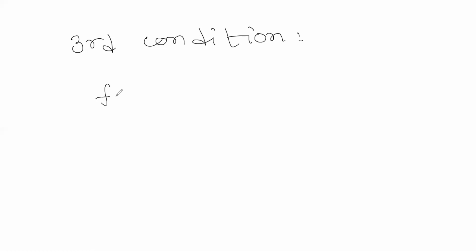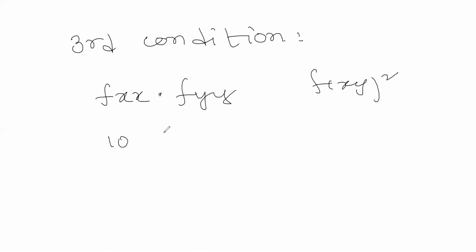So the third condition says f of xx into f of yy, minus f of xy square, we want that this is greater than 0, in that case the third condition will be satisfied. But let's see what happens. So here it is 10, and here it is a negative 6, and here the cross partial is 4 squared, so we get 16 over here, and we get a negative 60 over here.